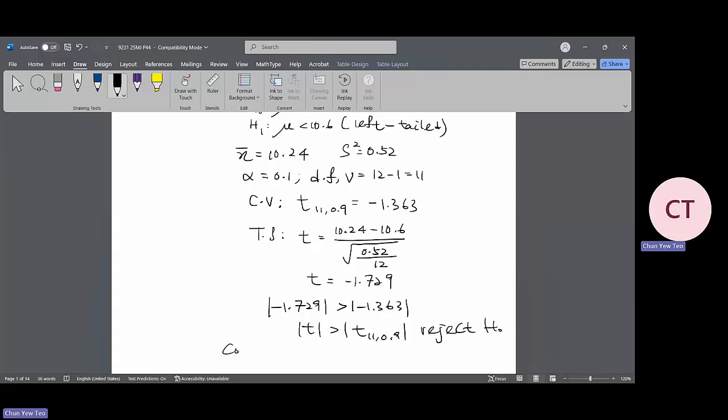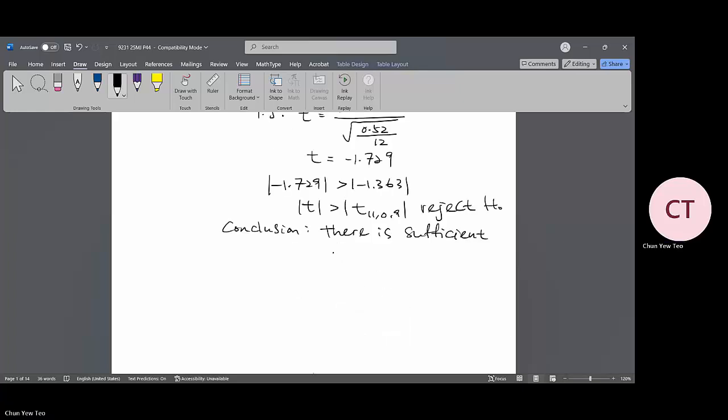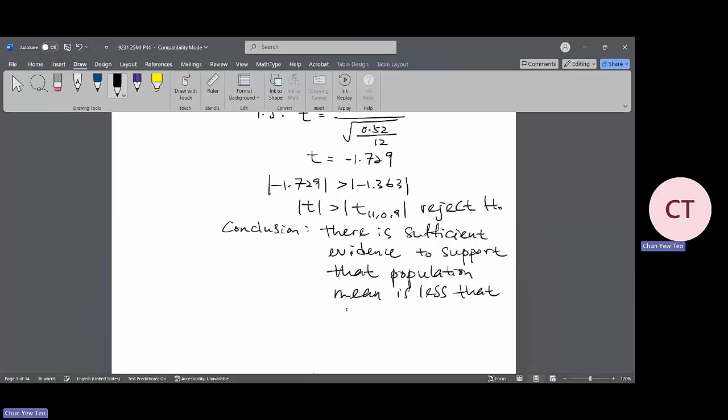So, conclusion. There is sufficient evidence to support that the population mean is less than 10.6.